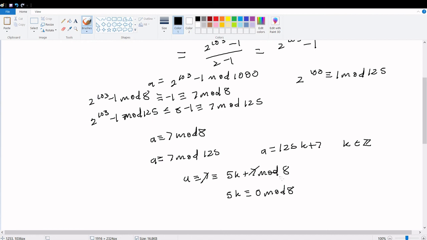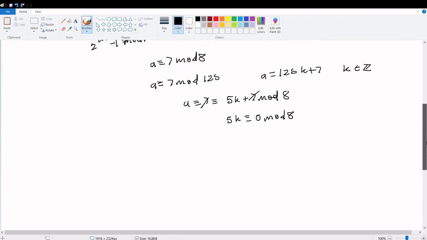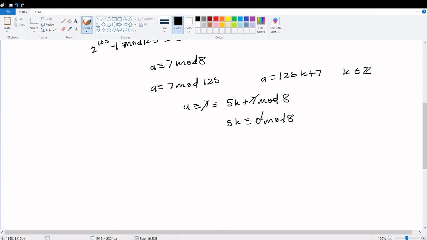Intuitively, this only happens when k is a multiple of 8, but to illustrate how you're supposed to solve this, say this was a 1 or a 2. We want to find the modular inverse, so we multiply both sides by some number m such that 5 times m is congruent to 1 mod 8.